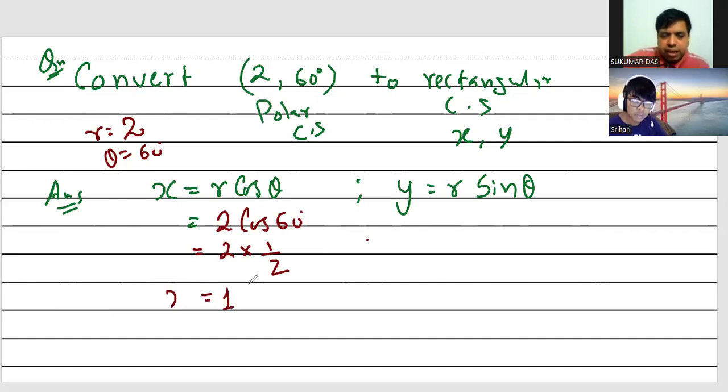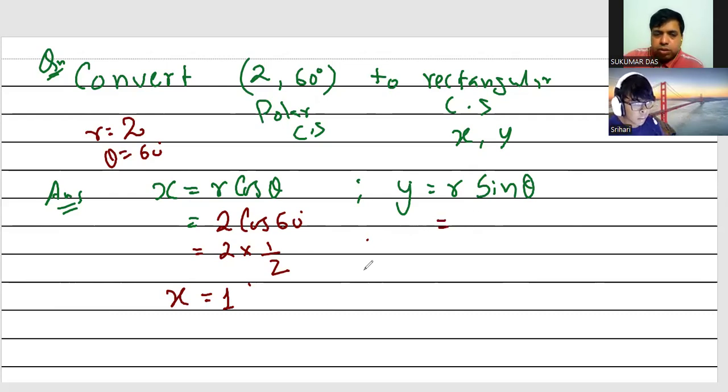So x is 1. We use the unit circle to find what cos is. To get the value of cos 60 or sin 60, we have to take the help of the unit circle. And if the angles are not popular angles, or not available in the unit circle, we have to use the calculator.